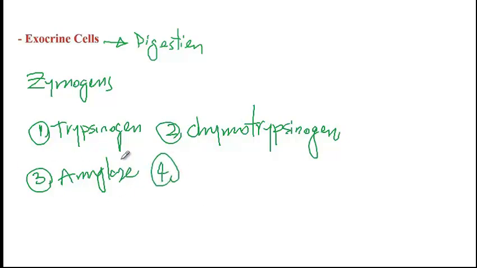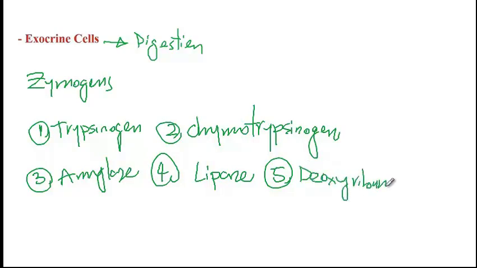We just discussed the salivary glands produce amylase, so does the pancreas. Fourth, we have the lipase, and then we have deoxyribonuclease, which will break down DNA, and we also have ribonuclease, which breaks down RNA.